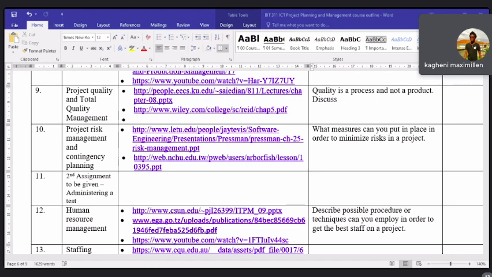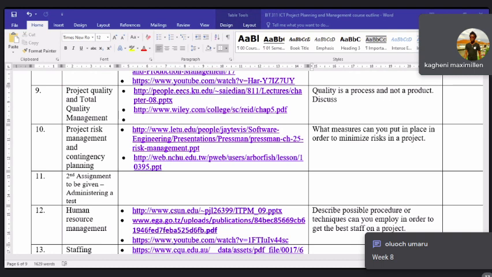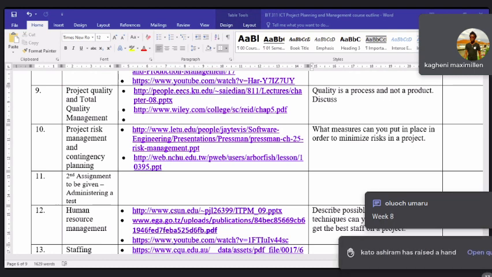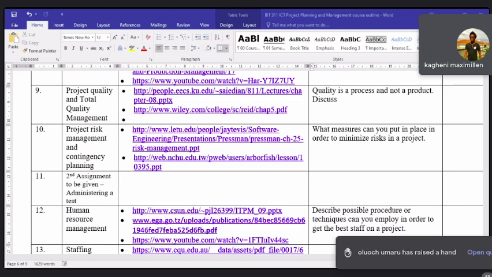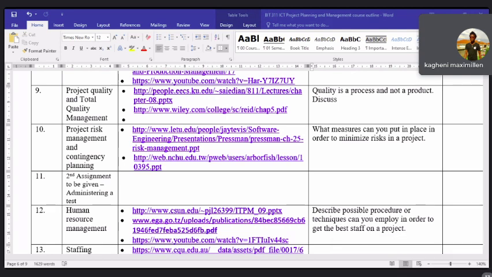Remind the members. In week 8, we do cut 1, and in week 12. Yes, Kato. The weeks for the cuts was changed. Cut 1 is week 9, then week 12 is cut 2.